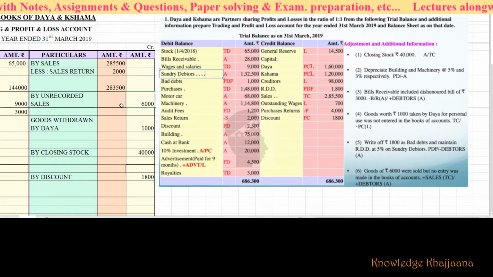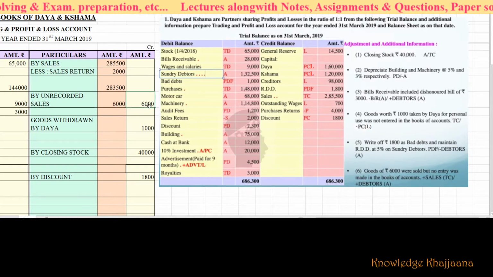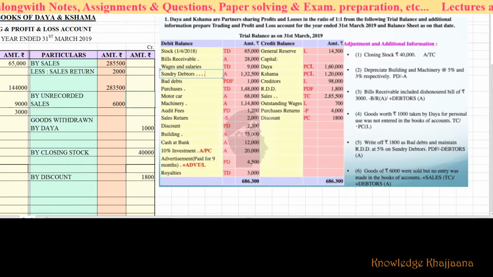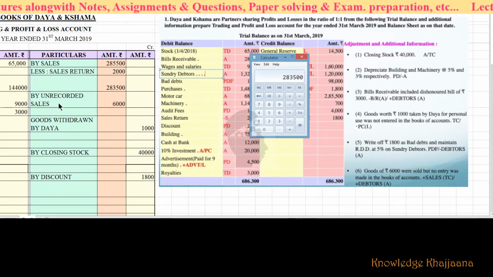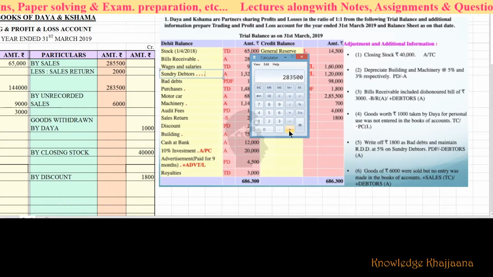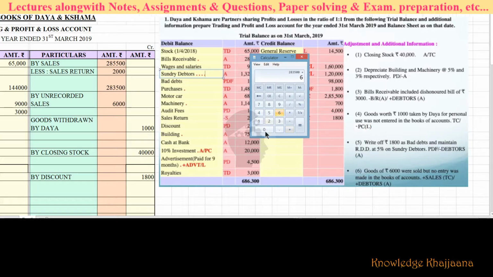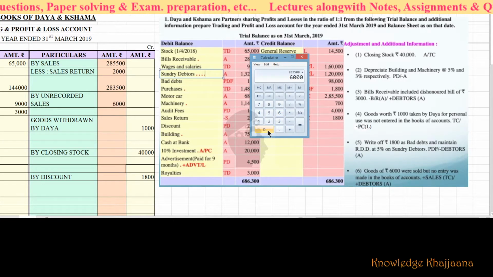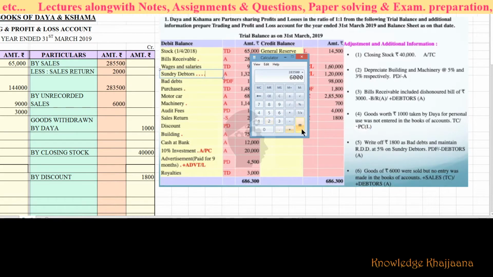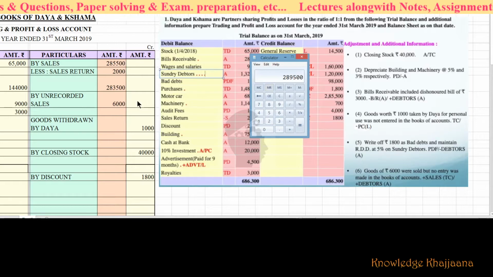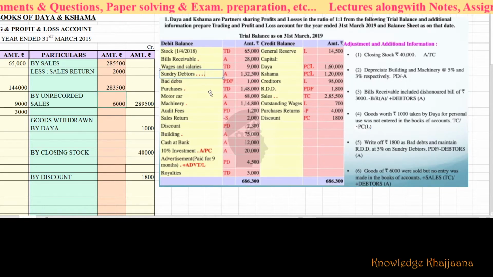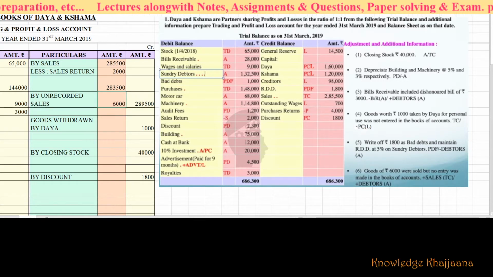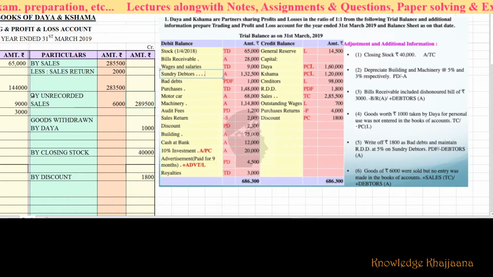Then you have to add unrecorded sales of rupees 6,000, that is equal to 2,89,500, right? This is the final amount of sales.